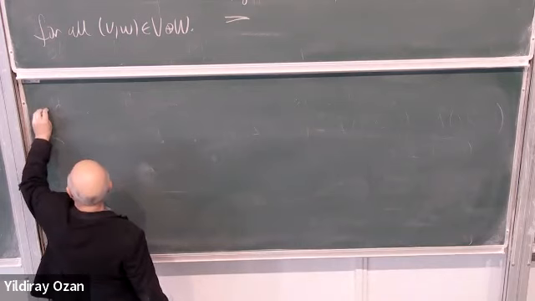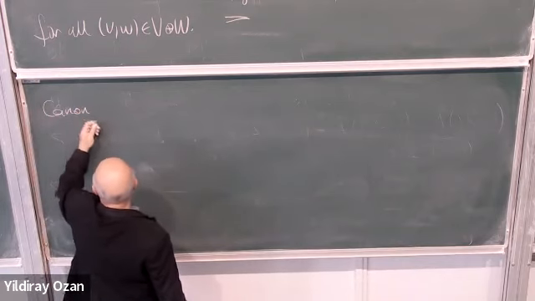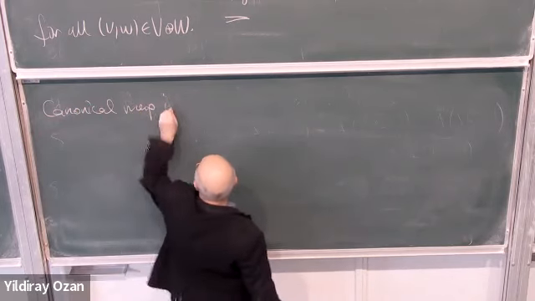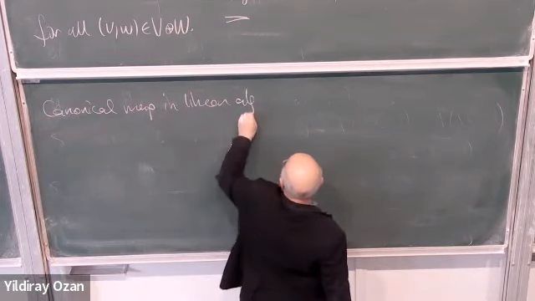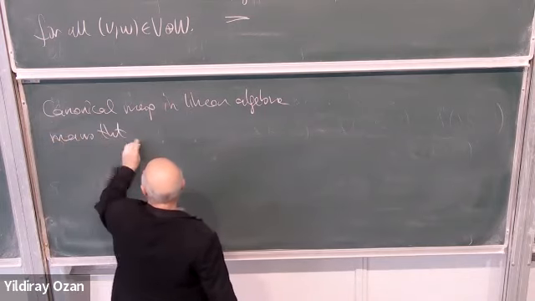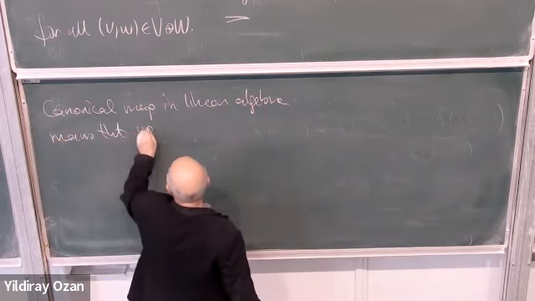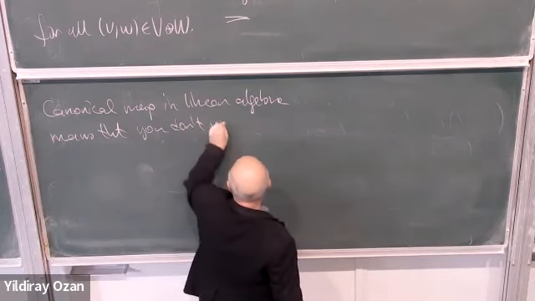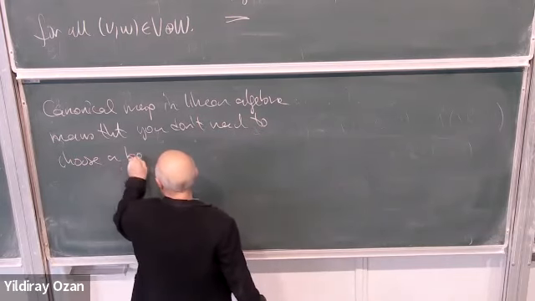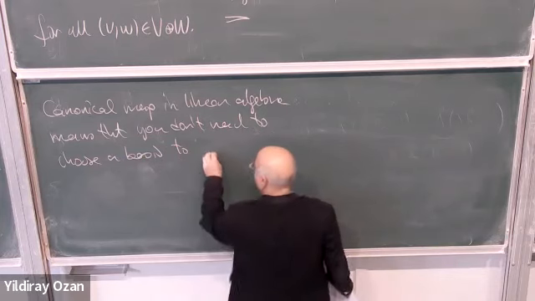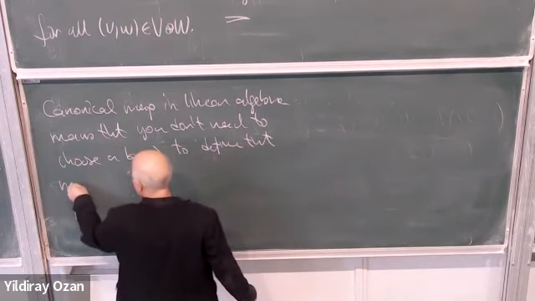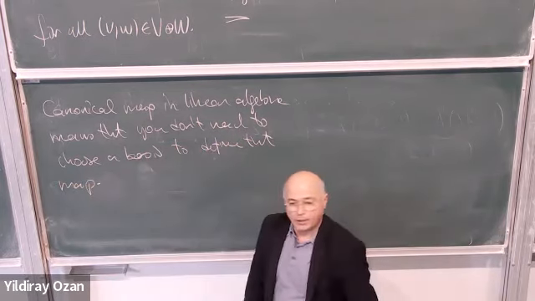So, let me write canonical map. In linear algebra it means that you don't need to see the basis to define it. Okay.